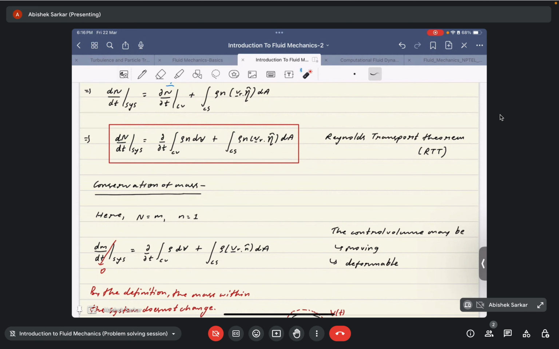But it's again very important, because even though it is very simple, it acts as a stepping stone for a beginner or a person who is trying to understand or learn the concept of RTT and its application.